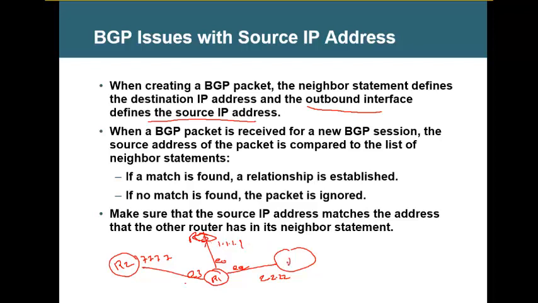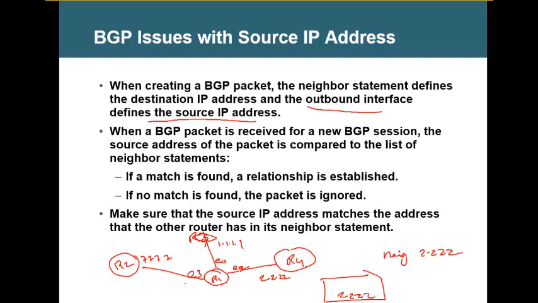Right. Now on R1 I'm saying neighbor 2.2.2.2. So R1 is now going to send a packet to the destination 2.2.2.2. What will be the source? Source depends on the routing table.